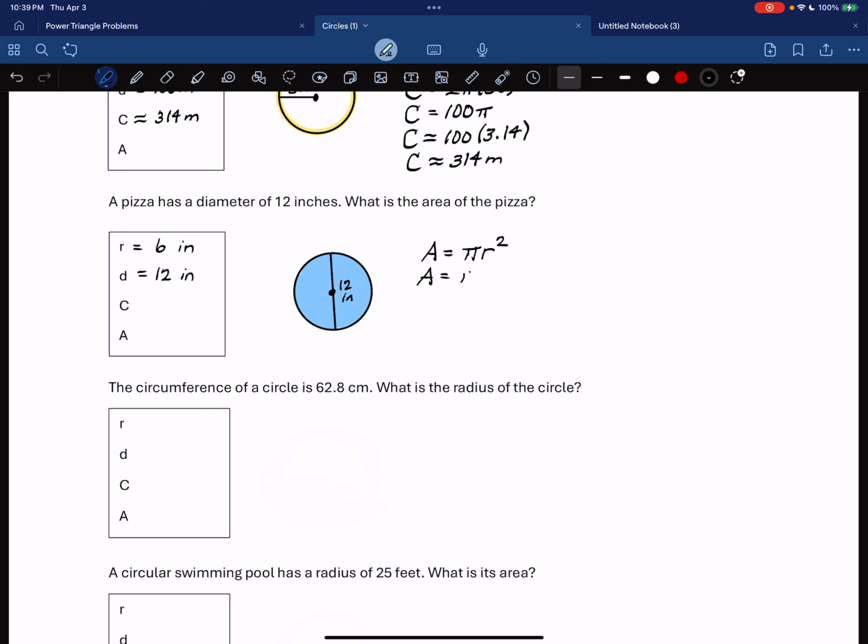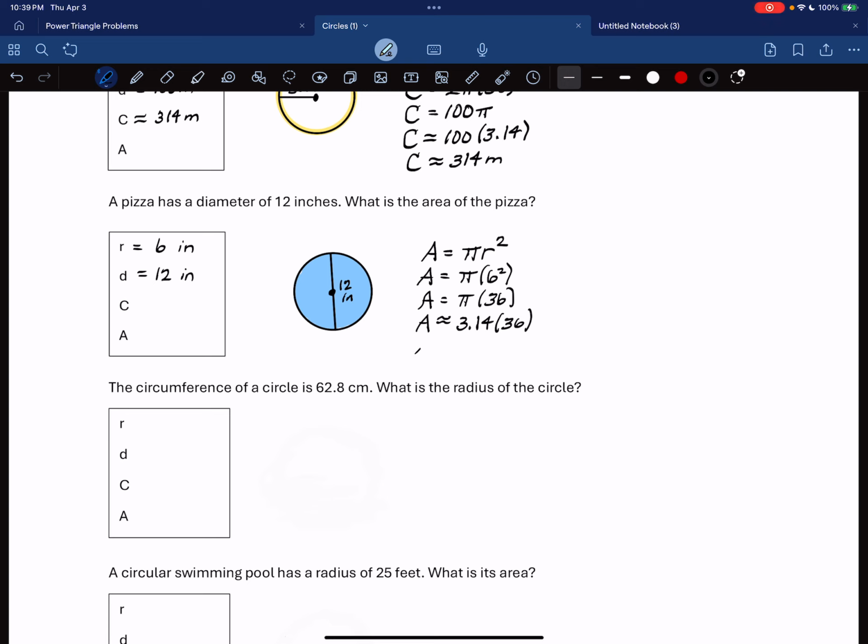So pi times 6 squared. And so that's going to be pi times 36. So the area is approximately 3.14 times 36. And I'm getting my calculator.